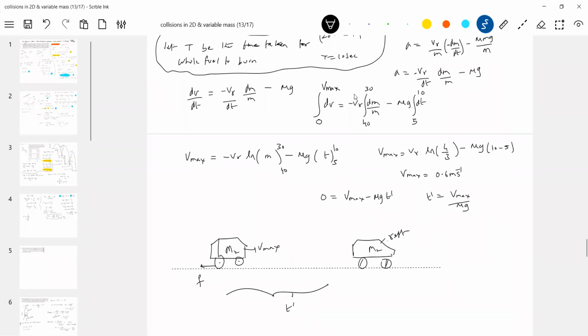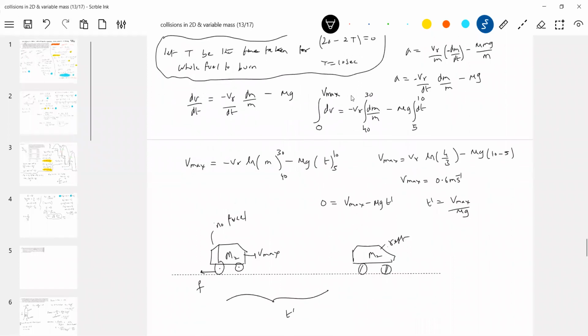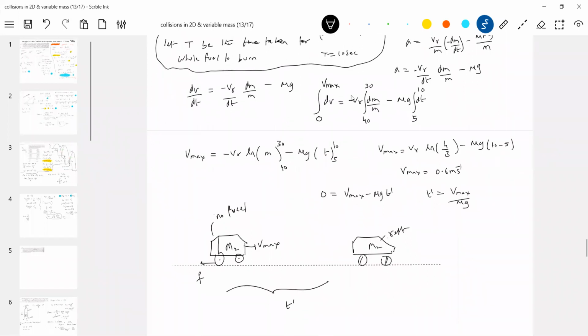No fuel, no? This is at what time? Here, no fuel. That is what I'm writing directly, the friction idea, no? So it will undergo retardation. So the time taken for it to come to rest will be 10 seconds plus this time.